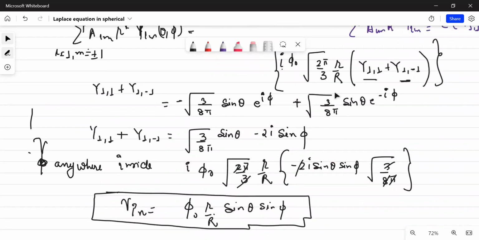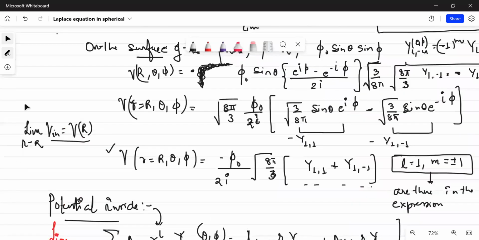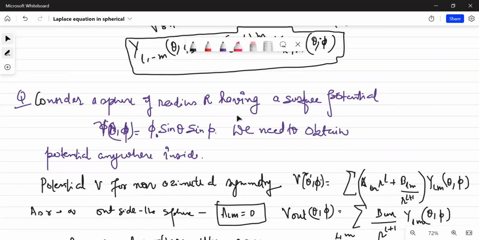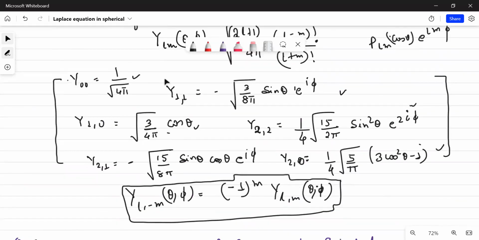If you even don't remember all these things, root over 3 by 8 pi, at least form of the solution you can understand. That is very much clear. So I hope in examination they don't expect you to remember these constants. So overall, if the form is being asked, then I think this can be done in examination also. All you need to have certain sense of understanding. वो बार बार पढ़ने से आएगी. The more you just write them down in front of you, every time you just see them, you just try to remember them.